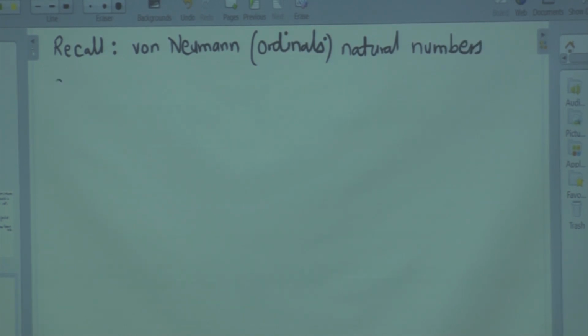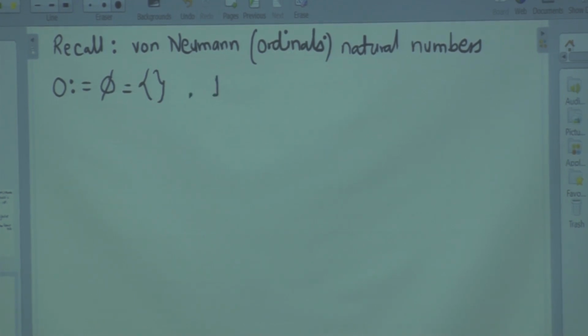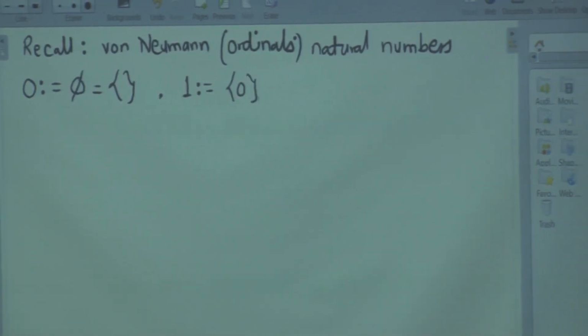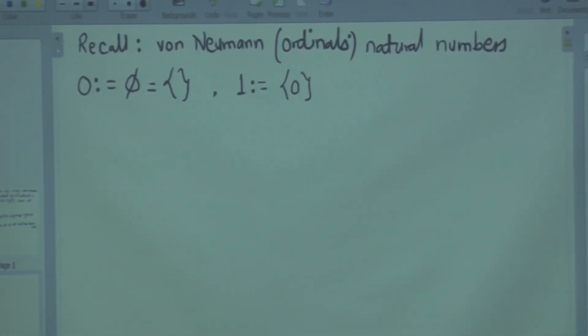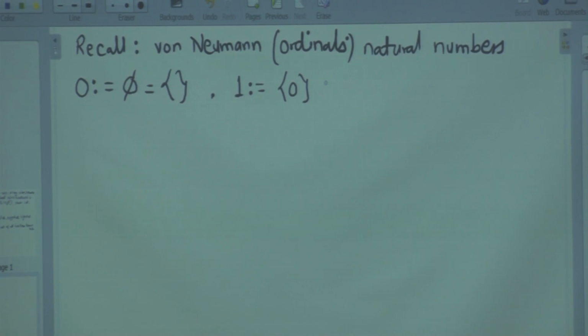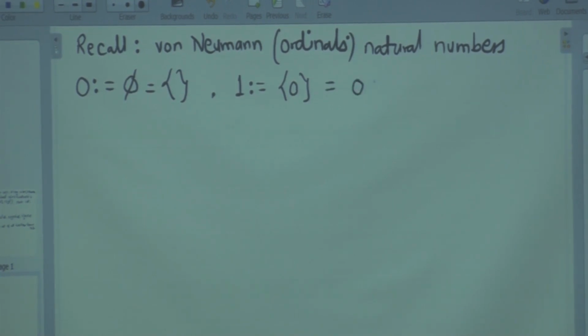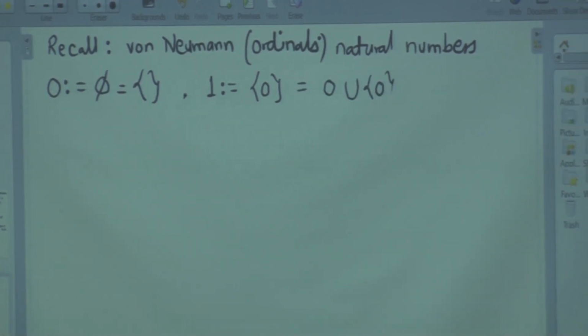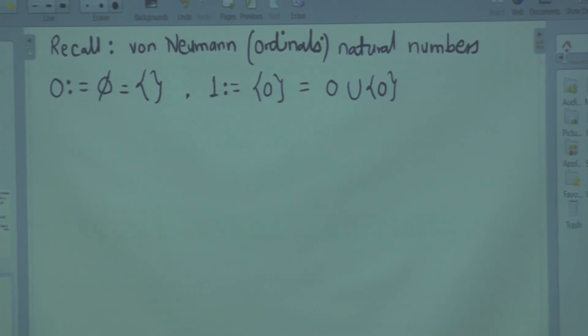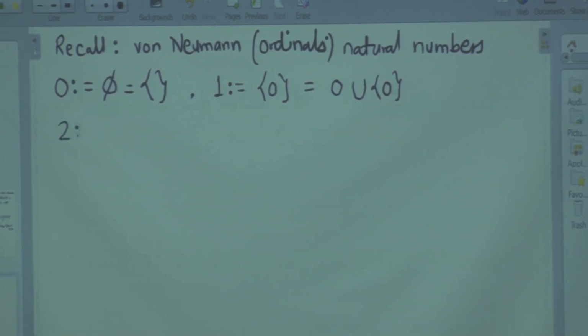Where 0 is the empty set, or the set consisting of nothing. Then 1 is the singleton {0}. So it is also 0 union {0}. 2 is defined to be {0, 1}.